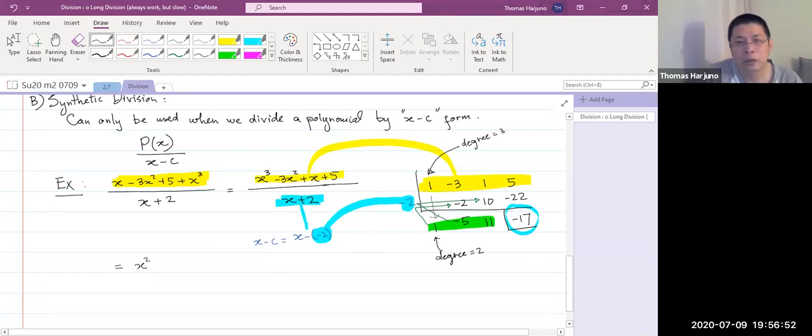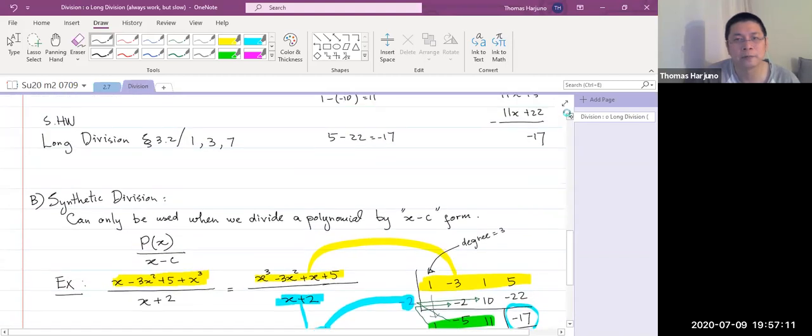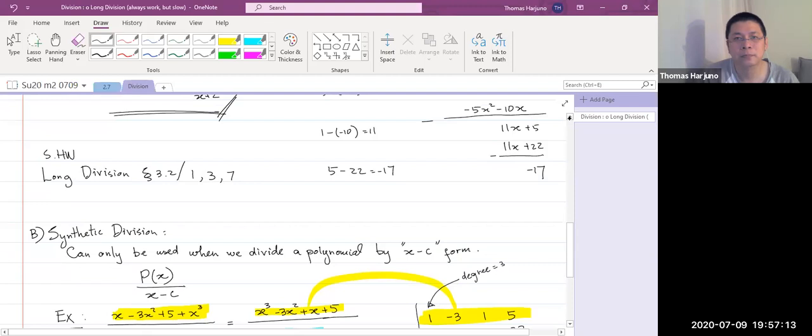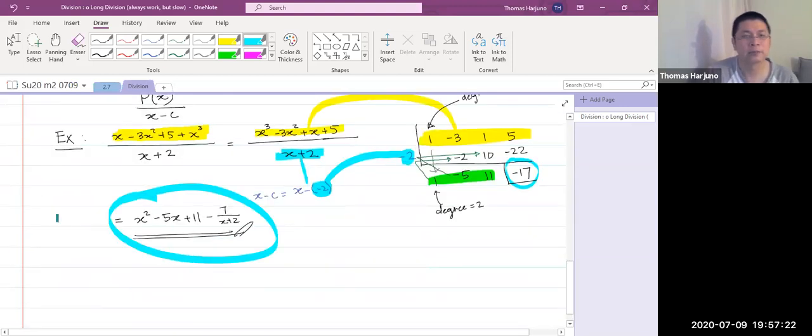And then you use the descending order again. x squared minus 5x plus 11 minus 17 over x plus 2. And I believe this will give us the same result we have up here. Okay, the same result with this. Right, you see that?